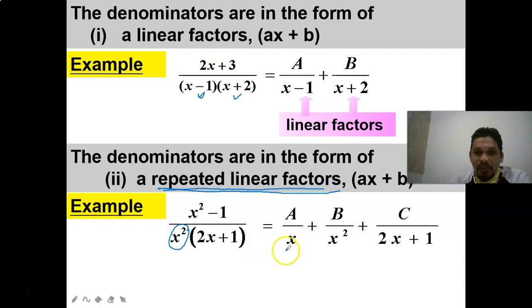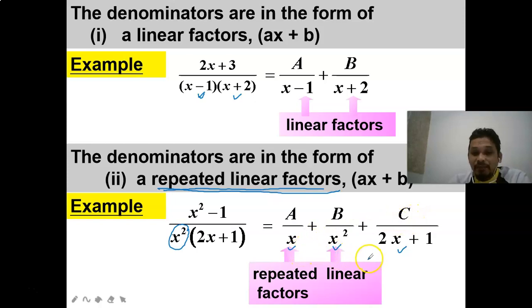As you see here, first we write down an x and then x squared, and you can see it is not in the form of bx plus c. Even though this is x squared, we do not define it as a quadratic. We define it as an x and another x, repeated twice, and the B is not in the form of bx plus c. And for the other linear factor, we come up with a C.